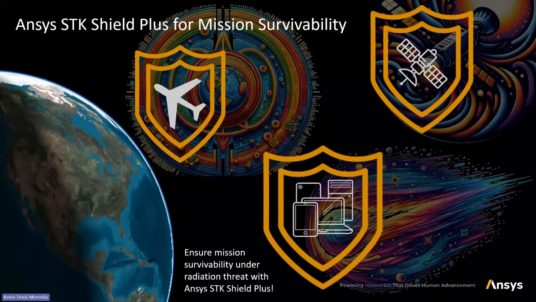And the goal is to be able to understand how we can shield or protect the mission. It could be the aircraft, the satellite, it could be electronic devices from these environments. And so either it comes down to changing the mission parameters and change the path and the trajectory, or the actual design of the components themselves.